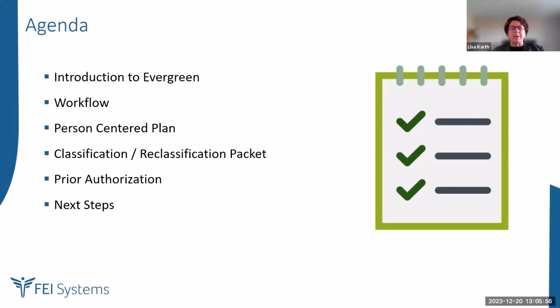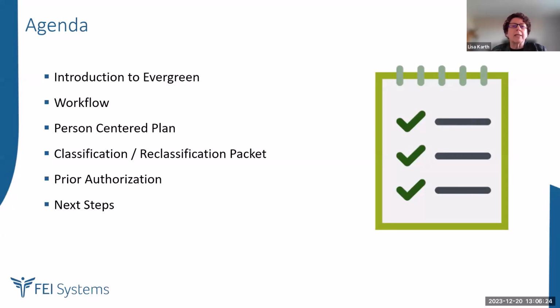The background I'm giving you is so that you understand what's happening when the PCP gets to you, what you will do with it, and then what happens afterwards. Just in case you get questions, I think it's always a good thing for a reviewer, such as you all are, to have an understanding of what comes before and what comes afterwards.